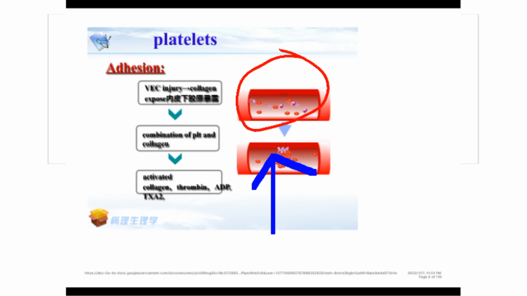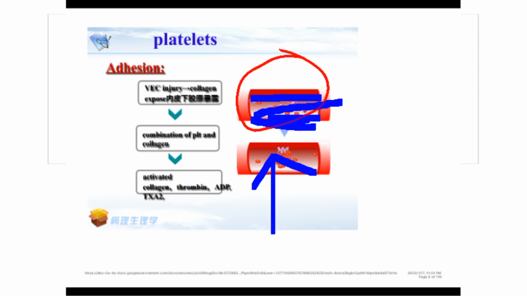Normally, if blood is moving in a blood vessel, the blood cells move centrally, not at the periphery of the vessel. At the periphery, like this area and this area, it is the plasma that is moving, but at the center it is the blood cells.